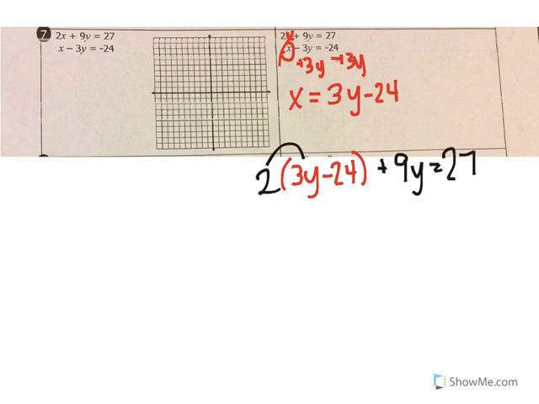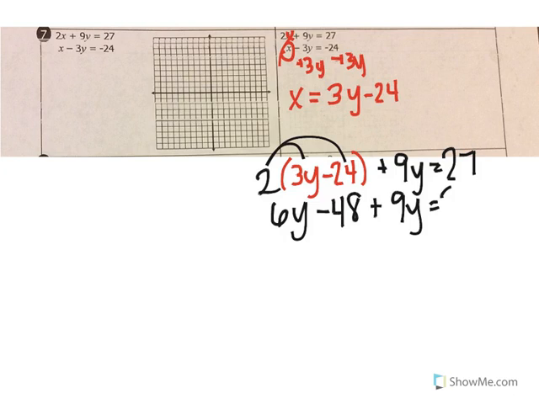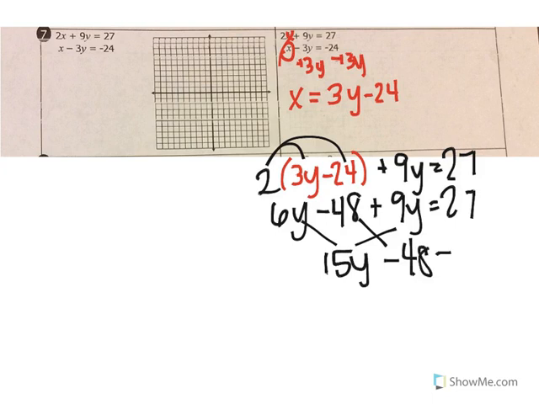Okay, and then I distribute. And then I need to make sure that I combine like terms first. That's 15y. And I just bring down that -48.